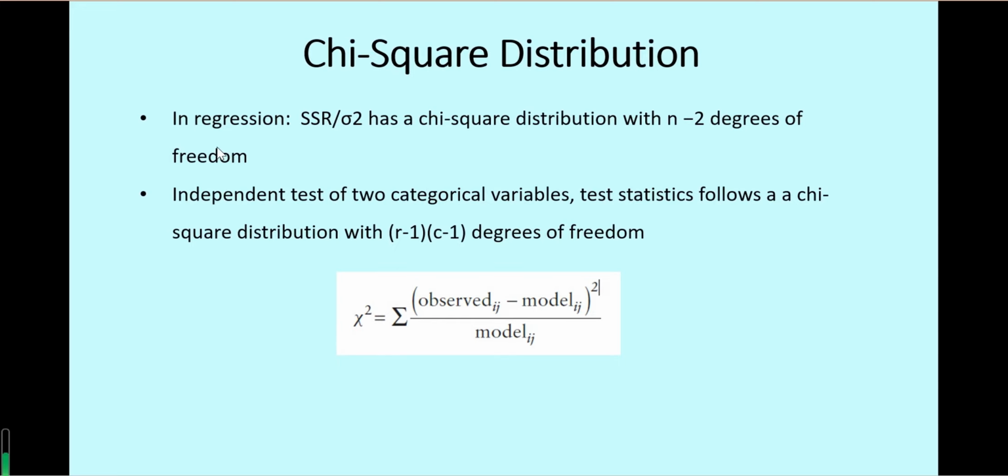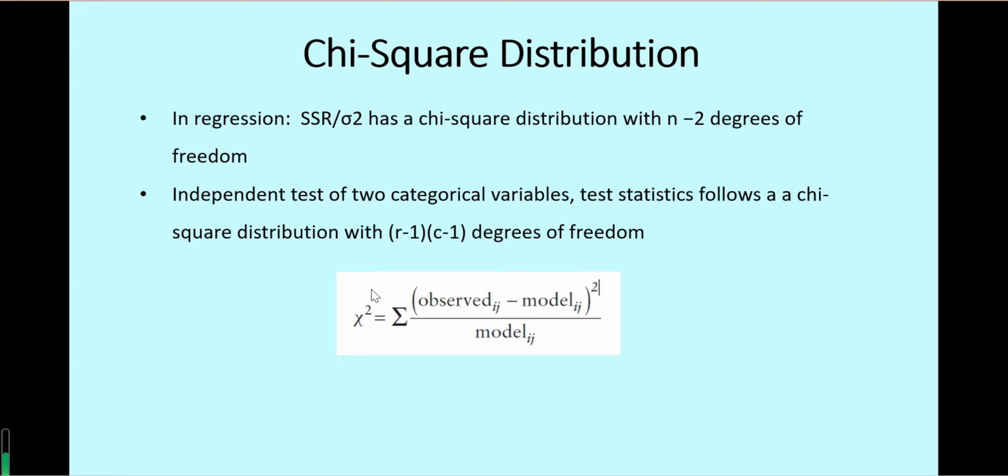In application in regression, S, which means sum of squared residuals divided by sigma squared, has a chi-square distribution with n minus 2 degrees of freedom. And in the independence test of two categorical variables, the test statistic follows a chi-square distribution with r minus 1 times c minus 1 degrees of freedom, where r and c are the numbers of rows and columns of the contingency table between two categorical variables.